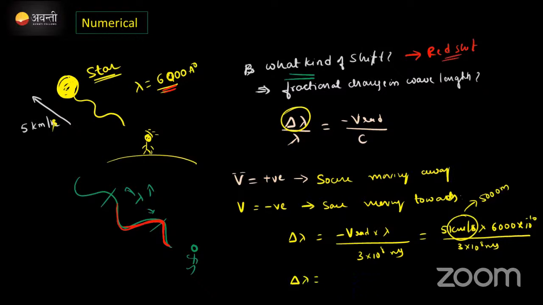After calculating this, the delta value will become around exactly 1 into 10 to the power of minus 10 meter, which is 1 angstrom. So just 1 angstrom is changing out of 6000 angstrom. That's why when a source of light, a star, is moving away from us, you can't predict that it is a red color.